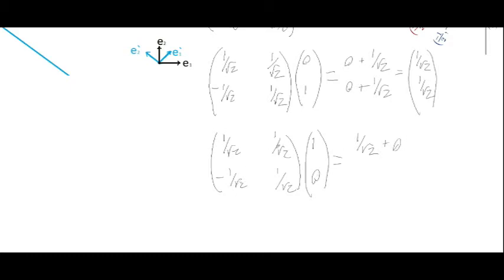Negative 1 over square root of 2 times 1 is negative 1 over square root of 2. 1 over square root of 2 times 0 is 0. And so we end up with 1 over square root of 2 and negative 1 over square root of 2.